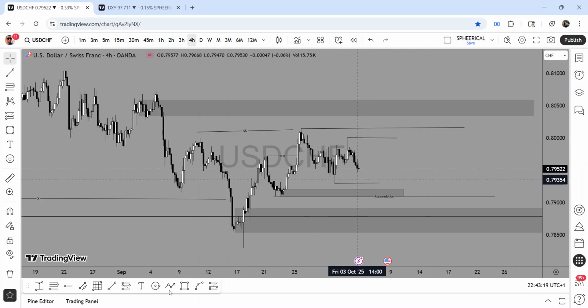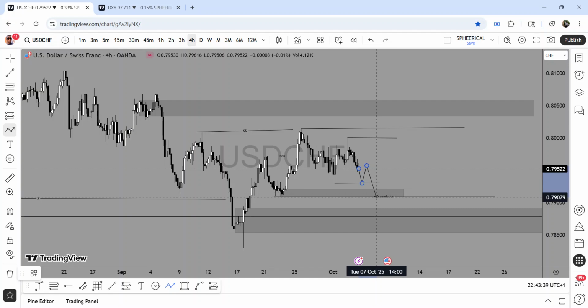The market is just doing a correction. So I'm expecting that we might continue seeing something like this. Something like this.